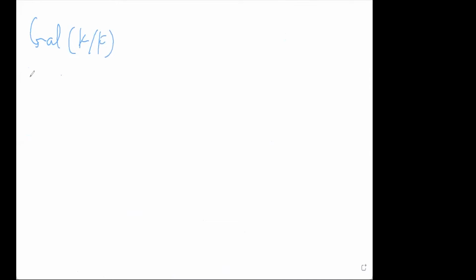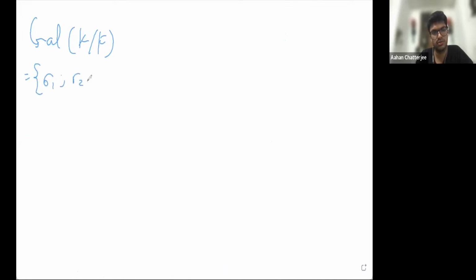Yep. So we determine Gal(K/F) to be sigma 1, sigma 2, sigma 3, and sigma 4, right? And now suppose you take some subgroup of this, say you take sigma 1 comma sigma 2.